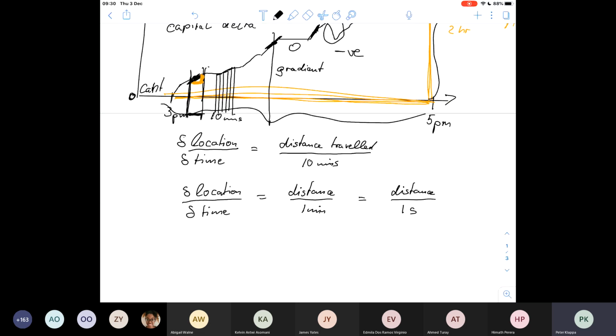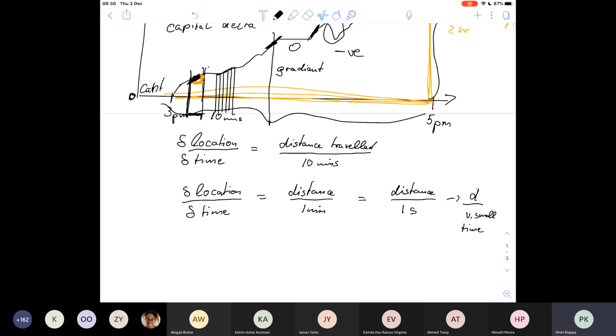Couldn't I do distance traveled in basically an infinitely small amount of time? Very small time difference. And the smaller I make that, of course, the distance traveled will get smaller and smaller and smaller.